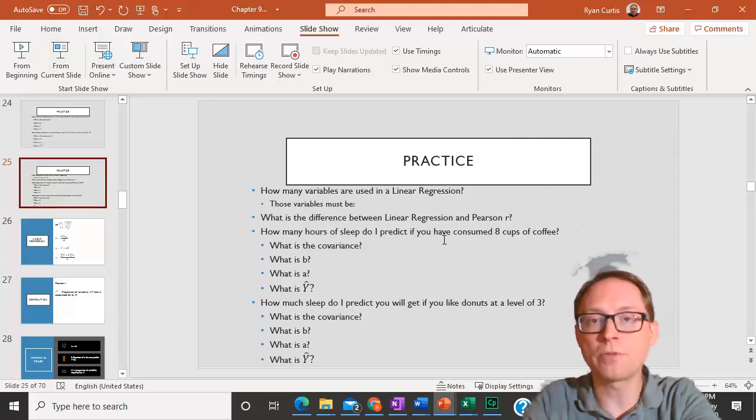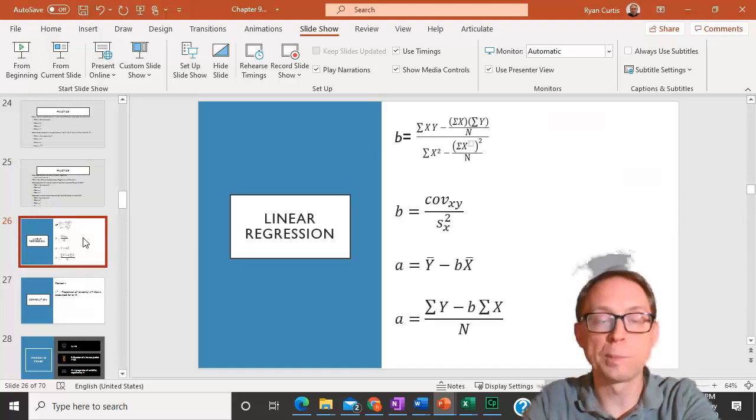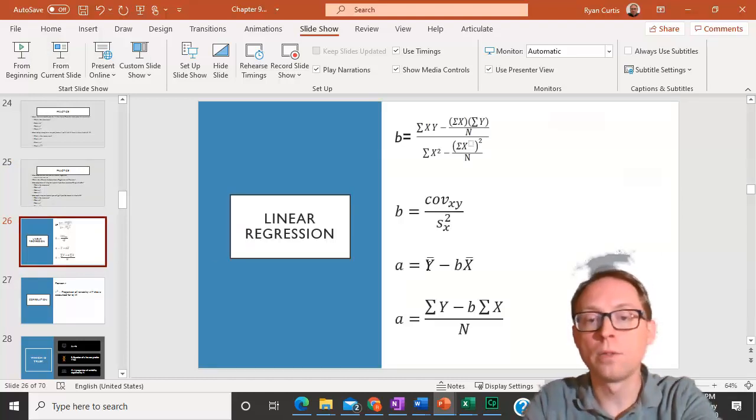That means cups of coffee is x and sleep is y. So we're looking for the mean of sleep minus the slope times the mean of cups of coffee.